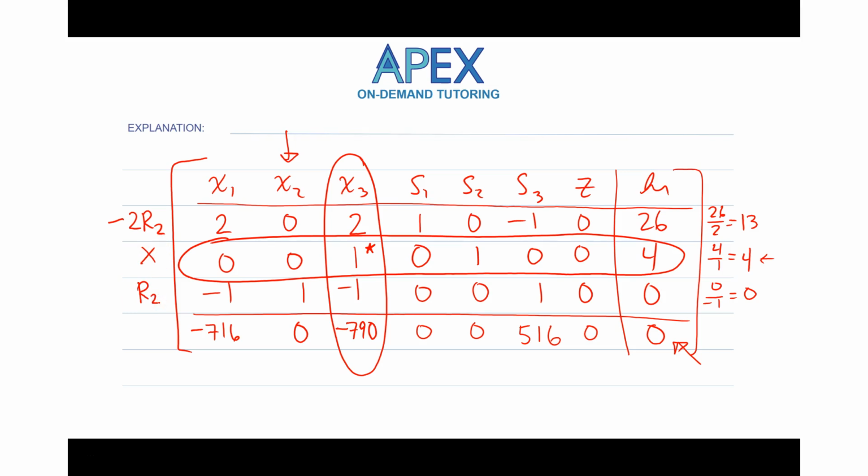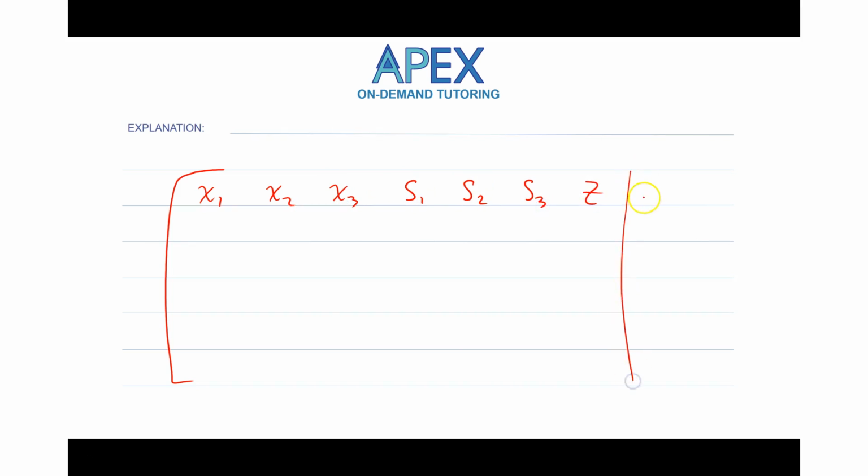And then the fourth row, we're going to add 790 times row 2. Okay, so we'll go to our next slide and we'll write that out real quick. And of course, we have x1, x2, x3, s1, s2, s3, and we're calling this the hours.